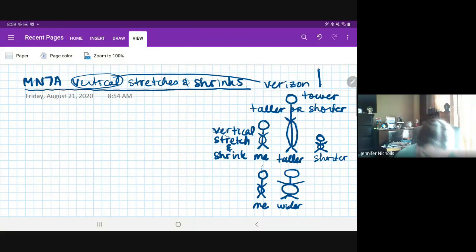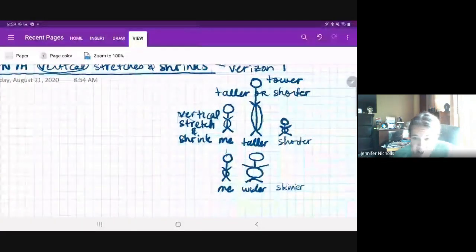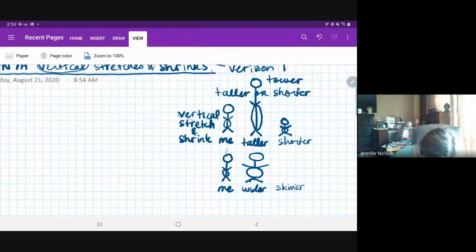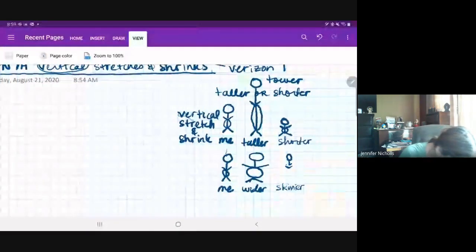Now what would skinnier look like? It's narrower, but we could call it skinnier. So skinnier would be like my head's a little oval. My arms are like this. Now I'm still the same height though, so my arms should still be at the same height.